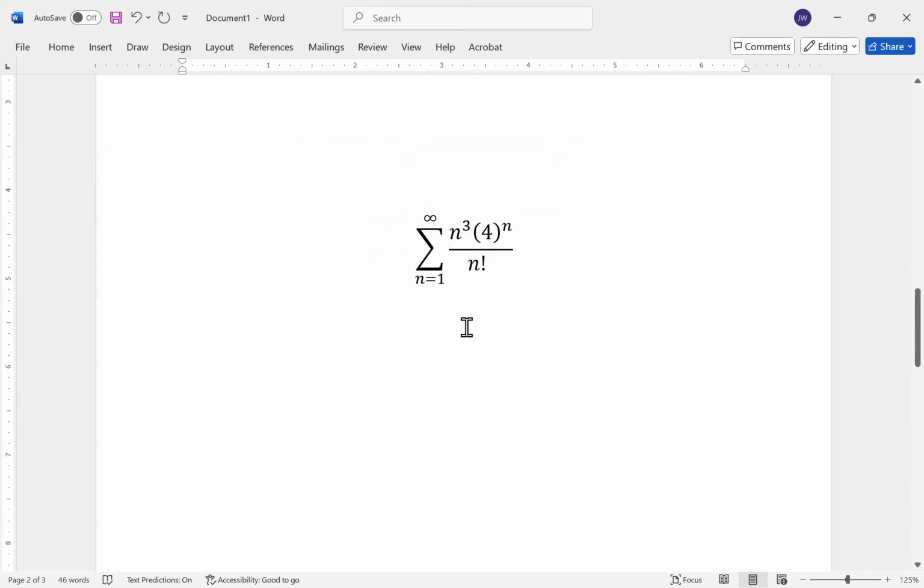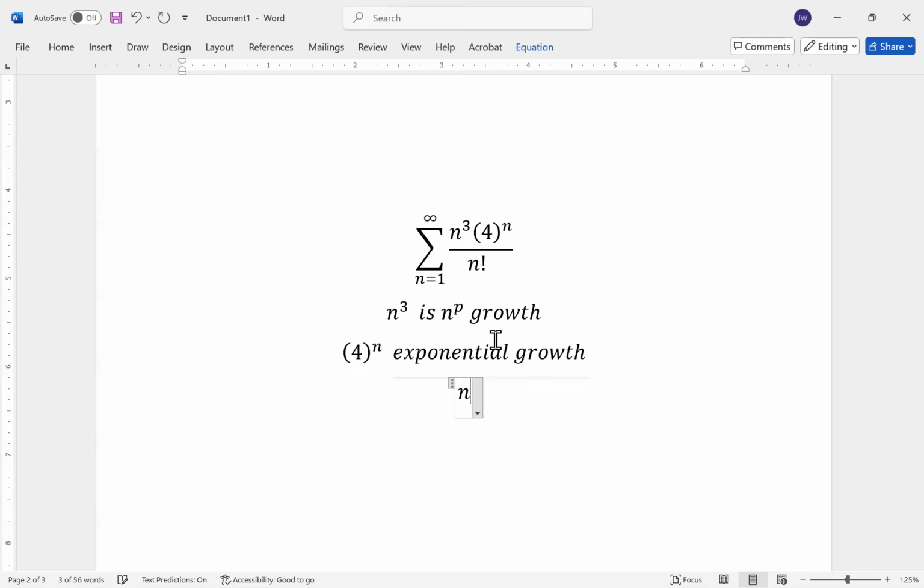Here I have a lot of different types of growth. I have an n to the third type growth, that's n to the p growth. I have 4 to the n, that's exponential growth. And then I have n factorial, that's obviously factorial growth.